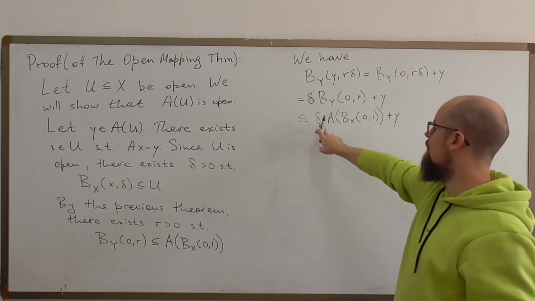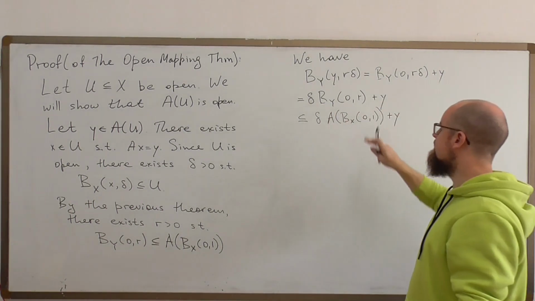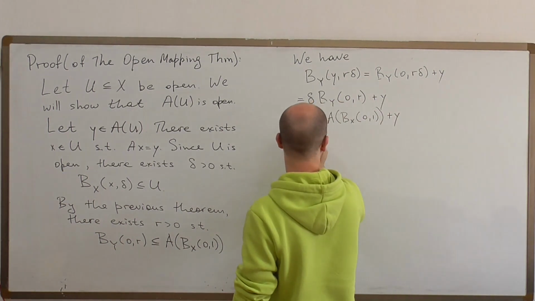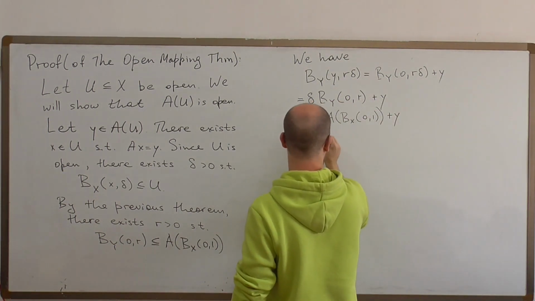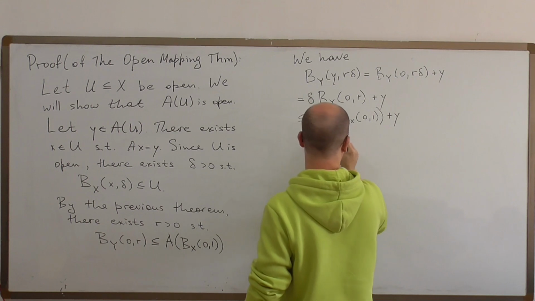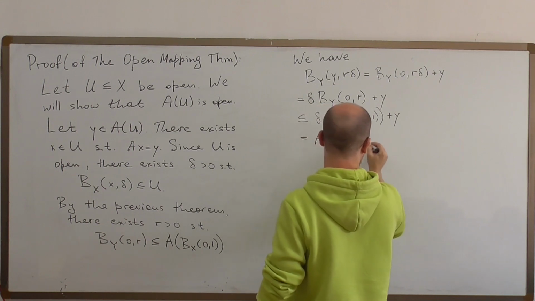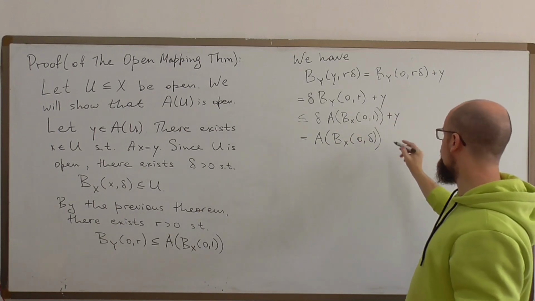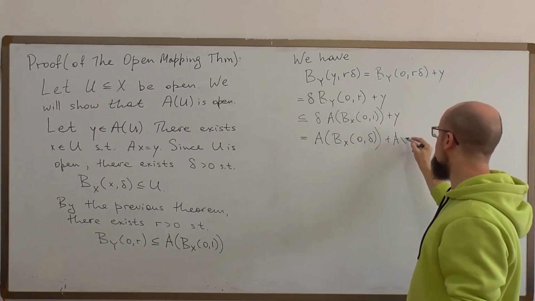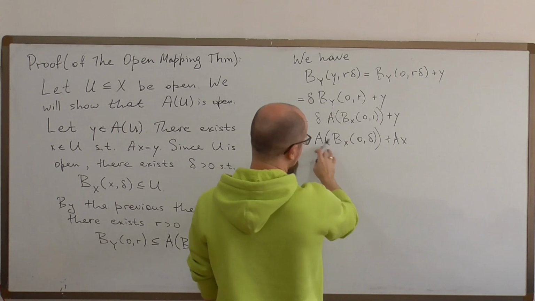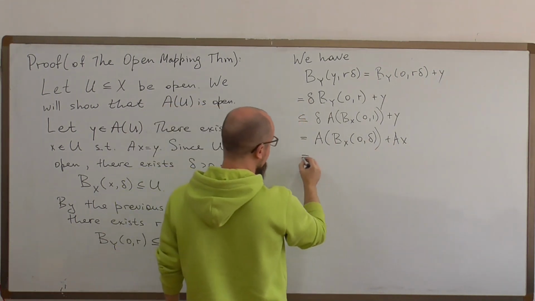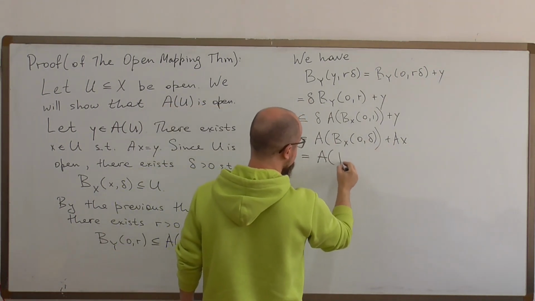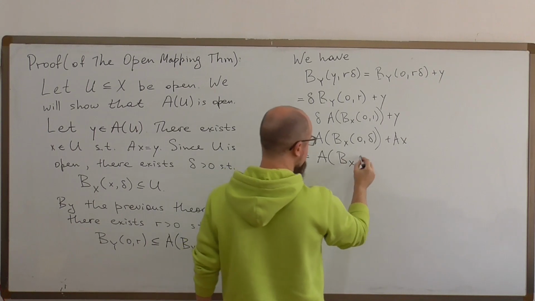since A is a linear operator, we can bring this delta inside. And since y equals A of x, we can write it as A of x. Further, using the linearity of A, we can write it as this one.